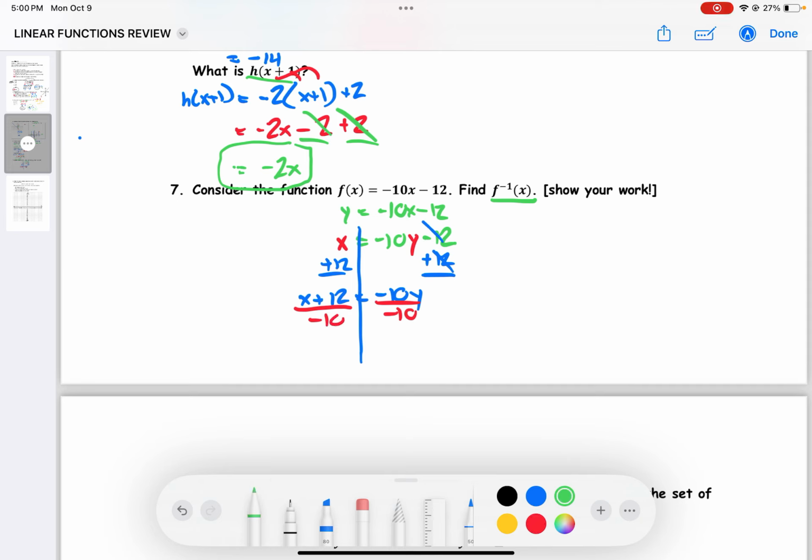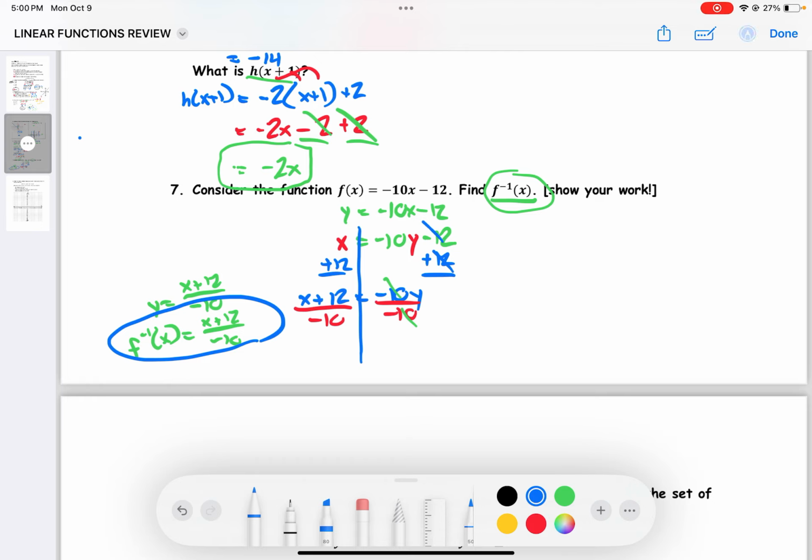Those will cancel. And we will get y equals (x plus 12) over negative 10. And we're finding f inverse of x. So at the end of the day, I'm going to take that y and put it back into its inverse function form. And this is where I can stop, right? I have found my inverse function.